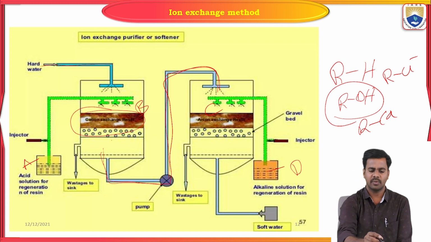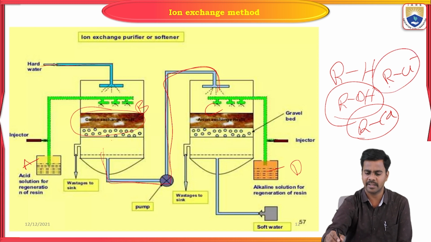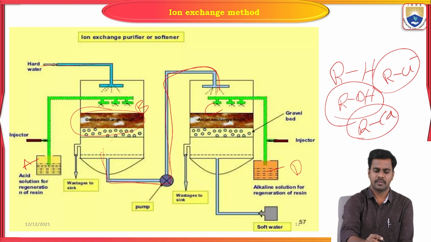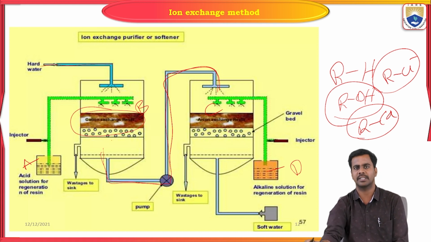So the cationic resin contains only cations of hot water, and the anionic resin contains only anions of hot water. In this condition, we cannot go for further purification of water. That's why the cationic resin and anionic resin present in the tanks have been exhausted.